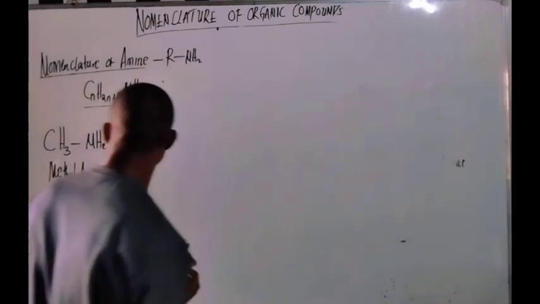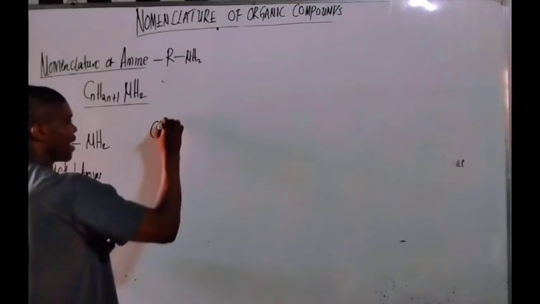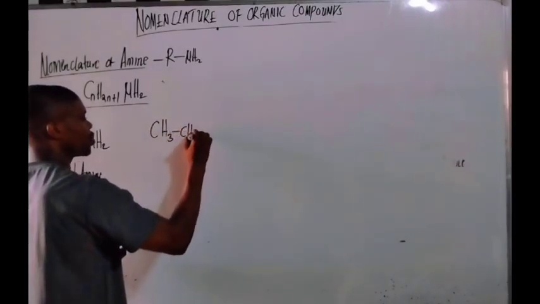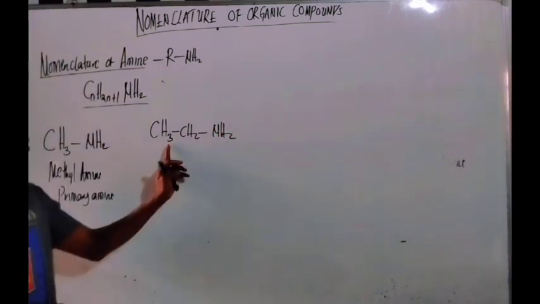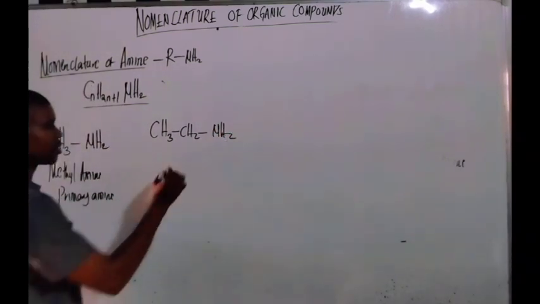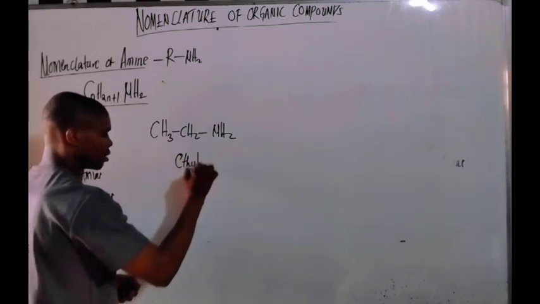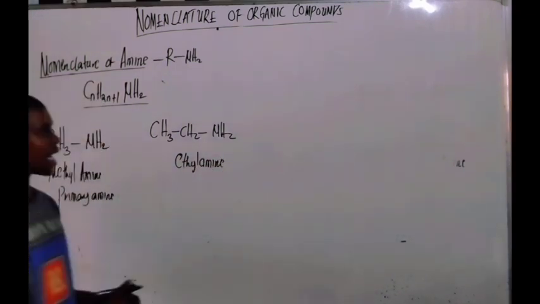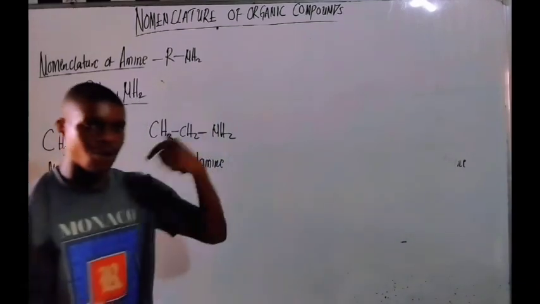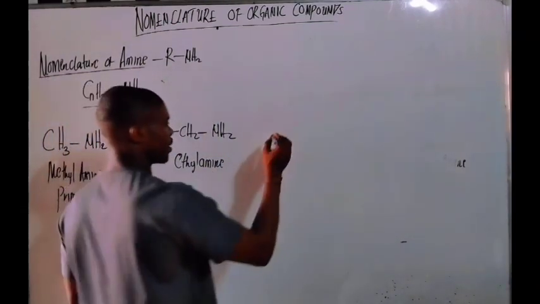Now, if I have something like this, here we have CH3, CH2, here we have NH2, right? It's going to be ethylamine. So now let me drop one for you, so you leave it in the comment section. What about this one here?